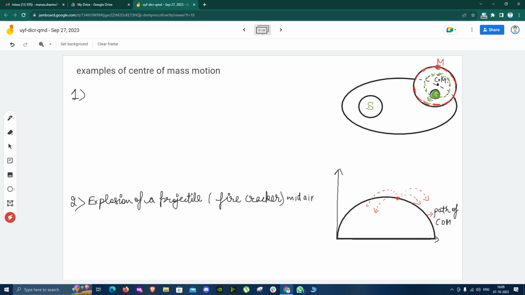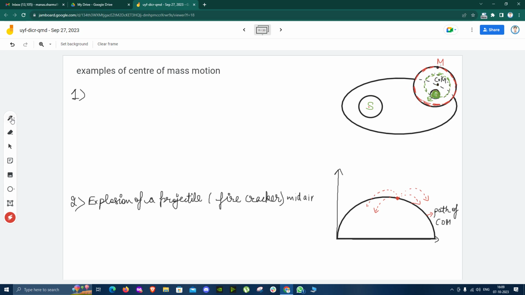So let's say this is the system where we have two particles, the Moon and the Earth. When they revolve around each other, they move in such a way that there is a center of mass in the middle and they revolve around that center of mass. Here is the moon and here is the earth.